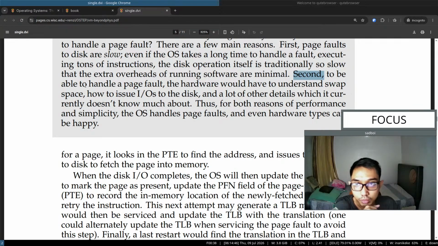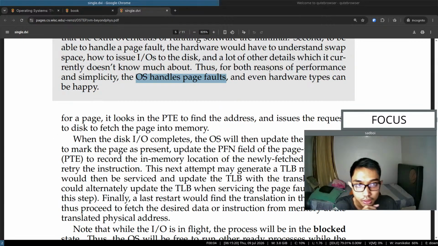Second, to be able to handle a page fault, the hardware would have to understand swap space, how to issue input-output to the disk, and a lot of other details which it currently doesn't know much about. Thus, for both reasons of performance and simplicity, the operating system handles page faults, and even hardware types can be happy.